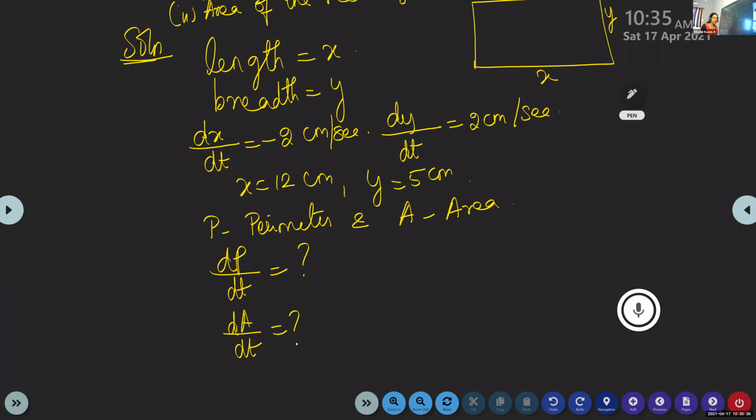We are asked to find the rate of change of perimeter and the area when the length is 12 centimeter and the breadth is 5 centimeter. For perimeter we use the letter P, and area we denote using A. Our aim is to find dP by dt and dA by dt. So these two things we have to calculate.